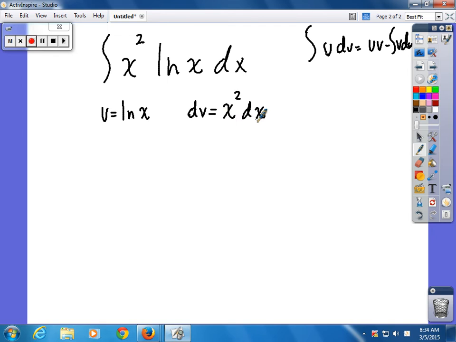Now what's the derivative of the natural log of x? 1 over x. And the antiderivative of x squared is x to the third over 3.